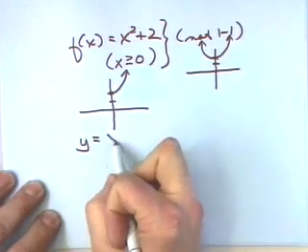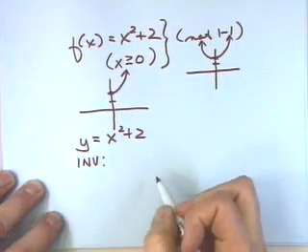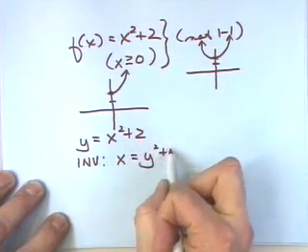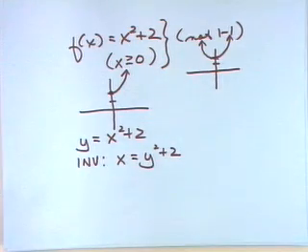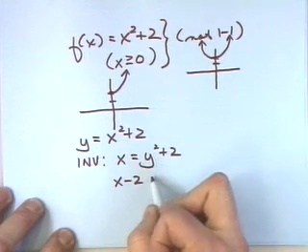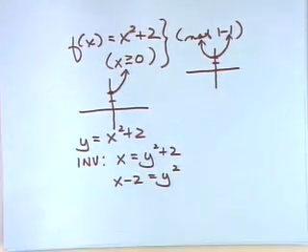So here's our original. We want to find a new function. So we interchange x and y, and now we want to solve for y. So we've got x minus 2 equals y squared, and what else?